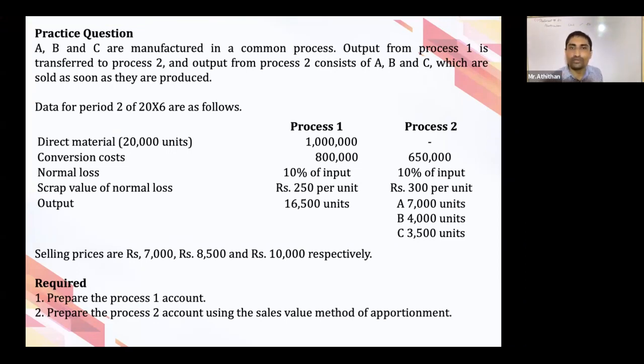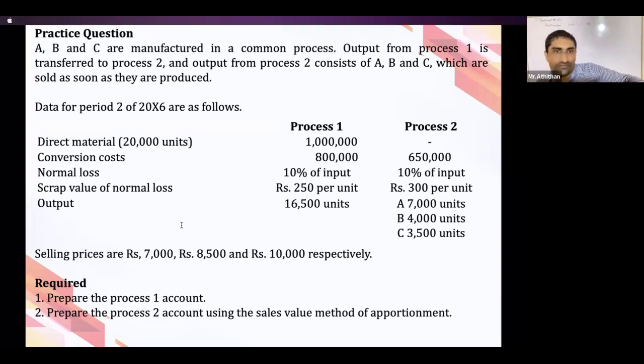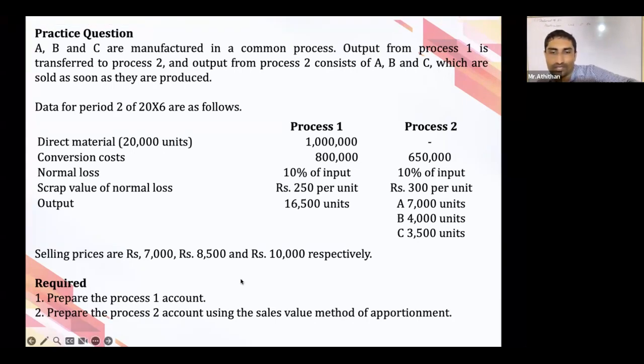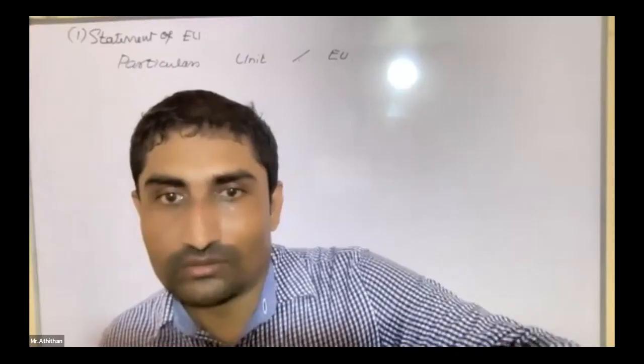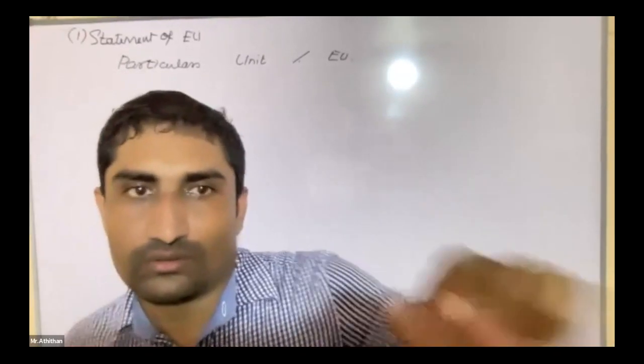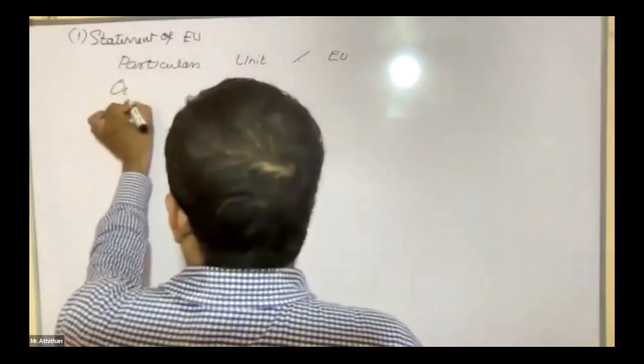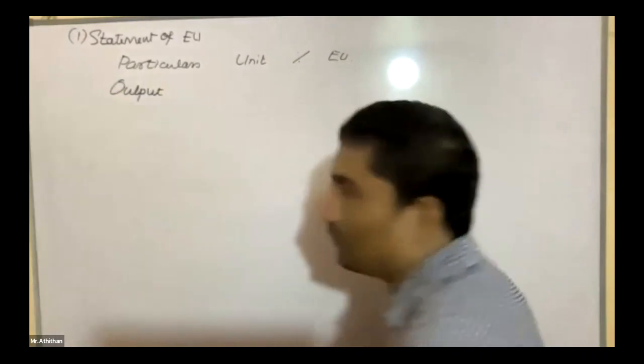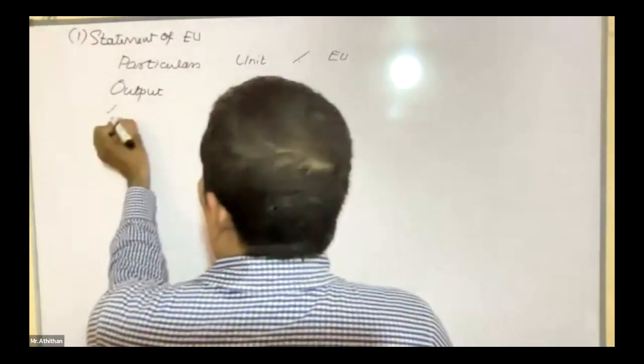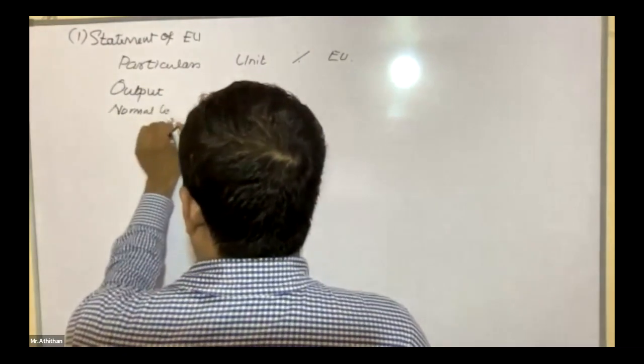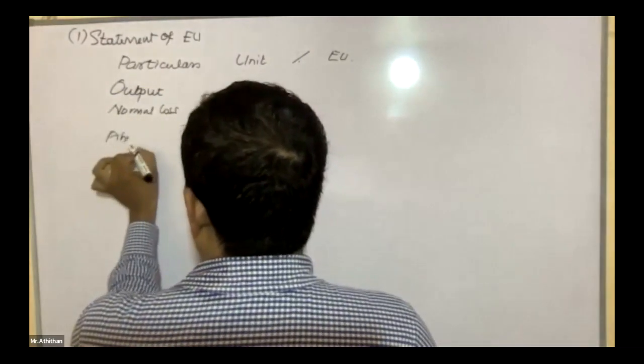At the calculation of equivalent units, we are not taking the value, we are only considering the units quantity, right? Output is 16,500 units. Then normal loss is 10%, so abnormal loss we can also count.